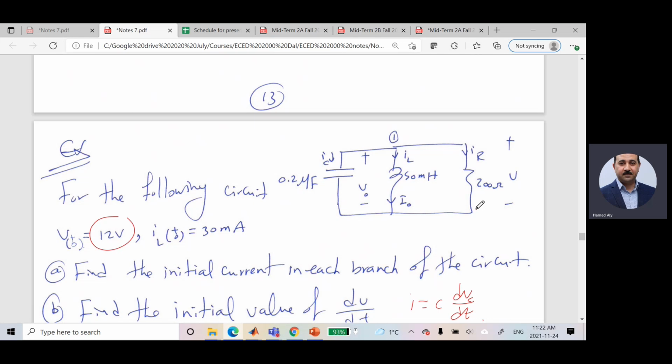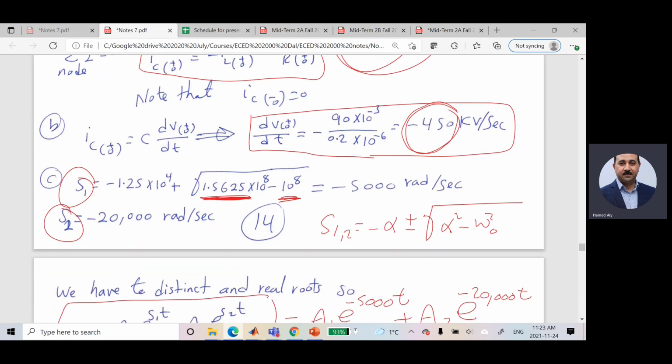That's why I can avoid finding the integral by saying that the summation of the currents at that node is equal to 0. Once you found IR and IC, you can say IL is equal to negative IR negative IC.